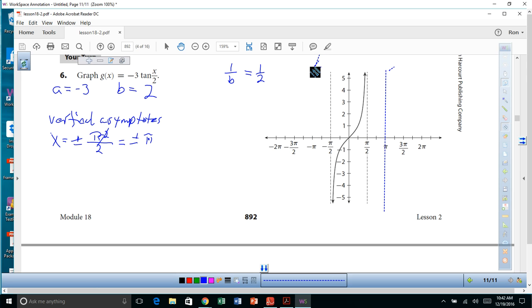That still looks a little crooked. All right, so there it is. There's our vertical asymptotes. Now, what about our reference points? Let's try a different color.